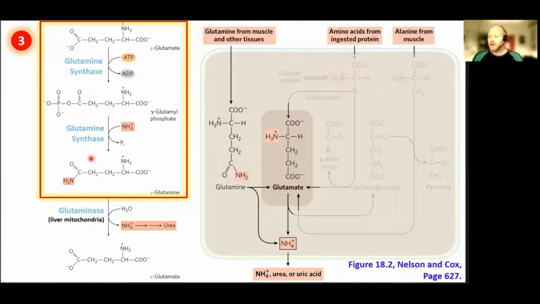The latter operates in the liver or mitochondria to release ammonia as ammonium ions. That happens here. These will later be converted to urea in the urea cycle, which will be covered separately in a different installment of this lecture.